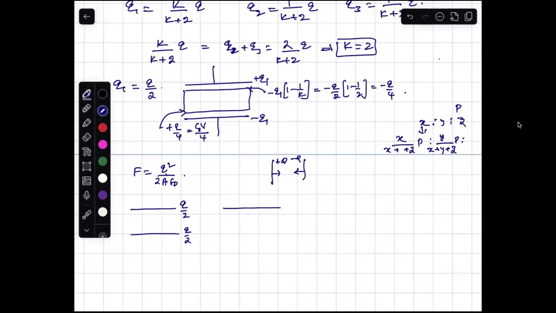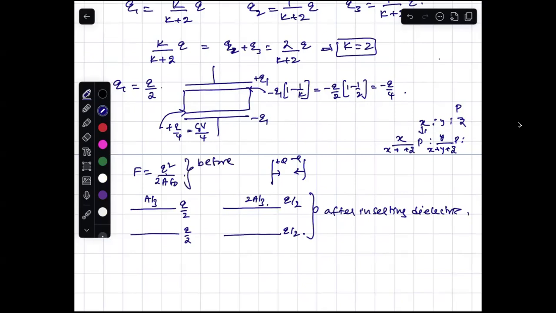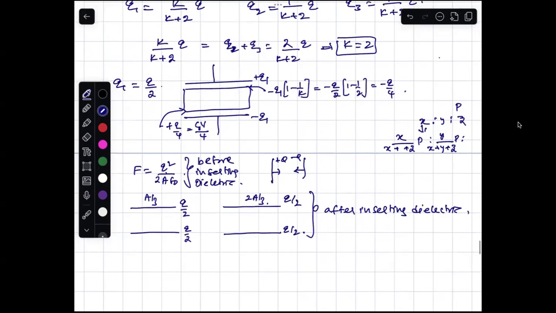Later on, the force, now this is plate area A by 3 and this is plate area 2A by 3, when I am writing this condition after inserting the dielectric. Before inserting the dielectric, that condition was used. Now you calculate the force. This is F1 and this is F2.